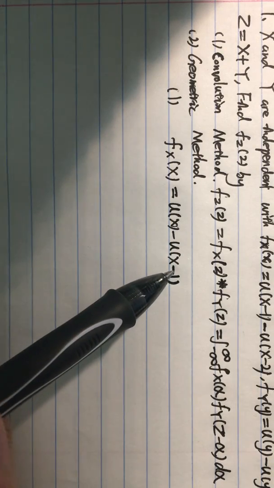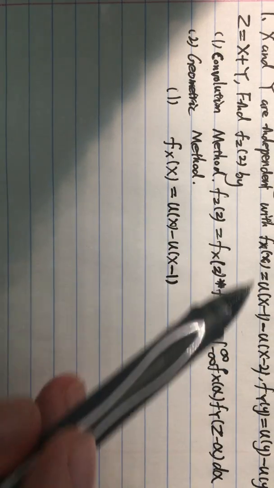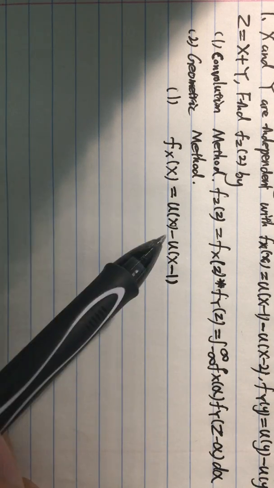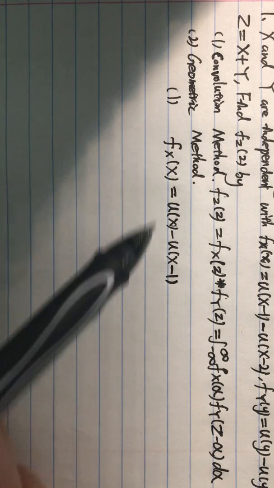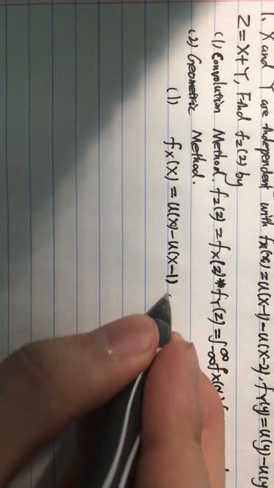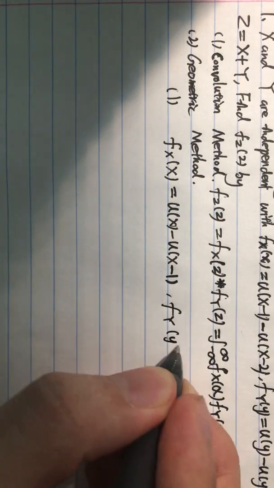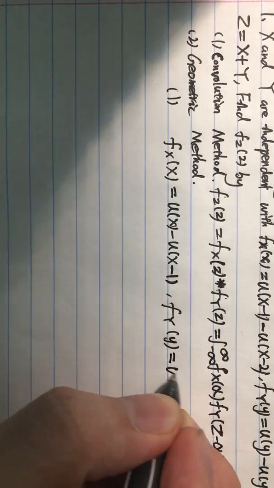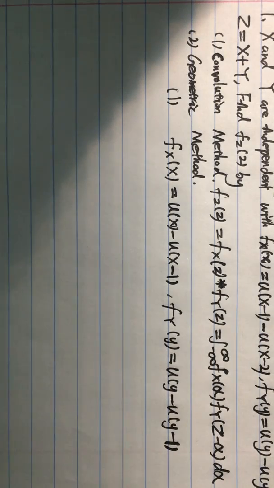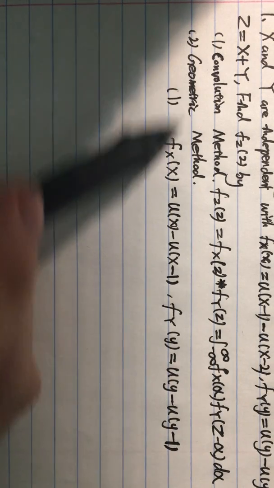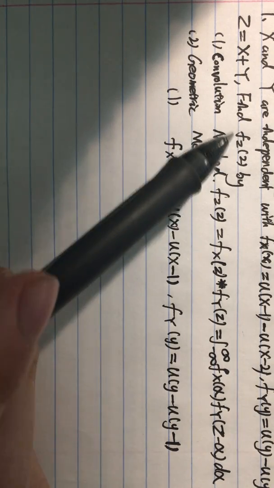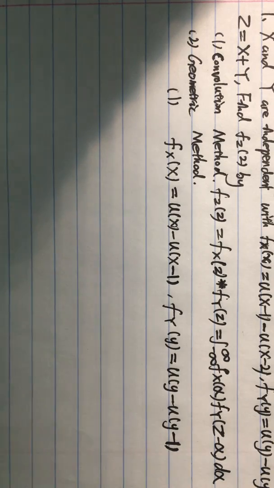This is the true density function of x. Shift to the right side. Shift to the left side by 1. The result is this, and the density function of y equals this. In the next question, we will also find the density function of z by this first.